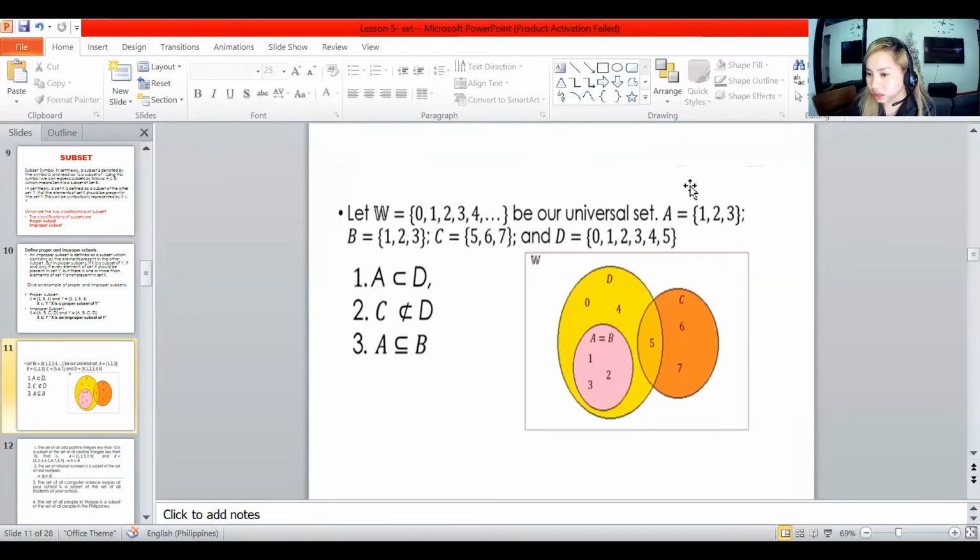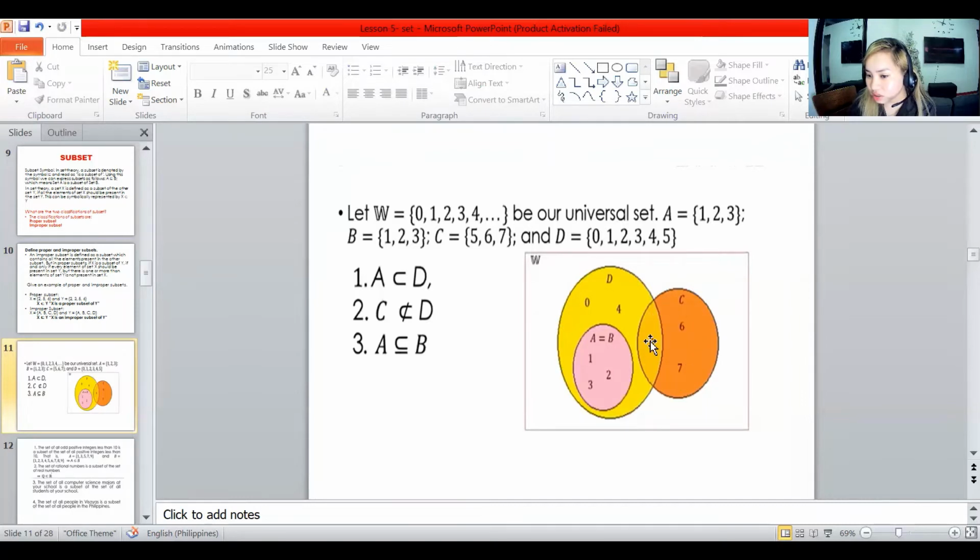So, itong set A, kapag po nasa diagram siya, ayan siya. Ito lang po yung nasa loob ni set A. Si set B naman, since pareho sila ng set A, equal sila, nasa color pink na circle. Itong set C, ito po siya.